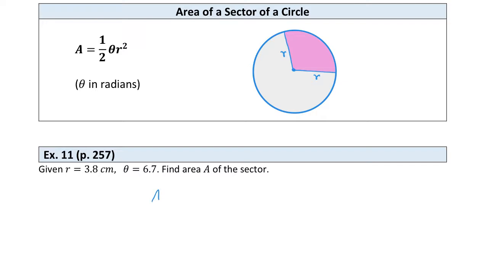Then A equals 1/2 times 6.7 times 3.8 squared. With the help of a calculator, we will get that the area is approximately 48 square centimeters.